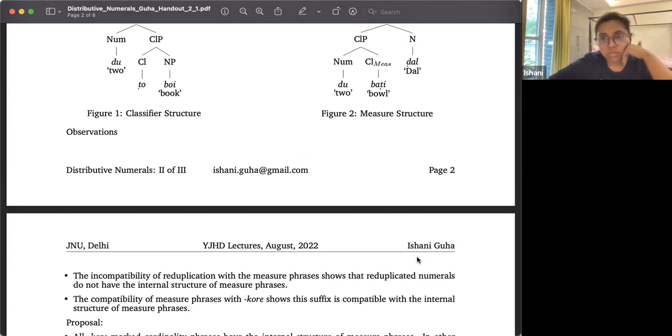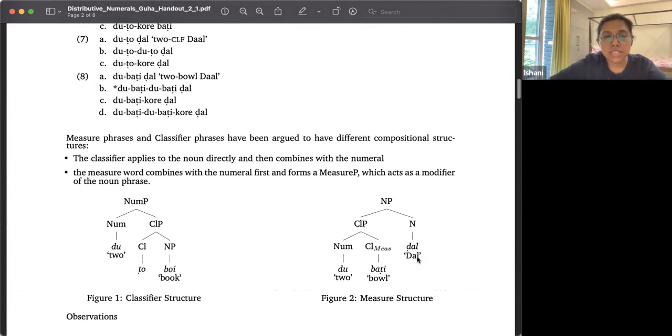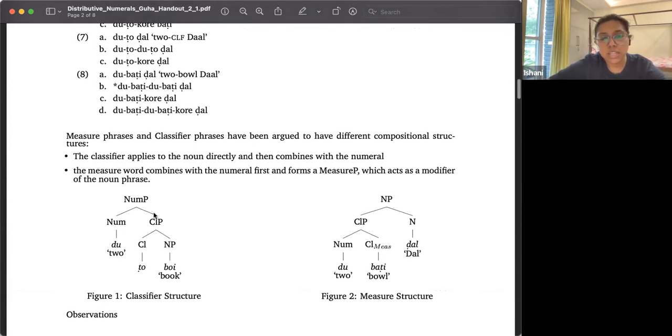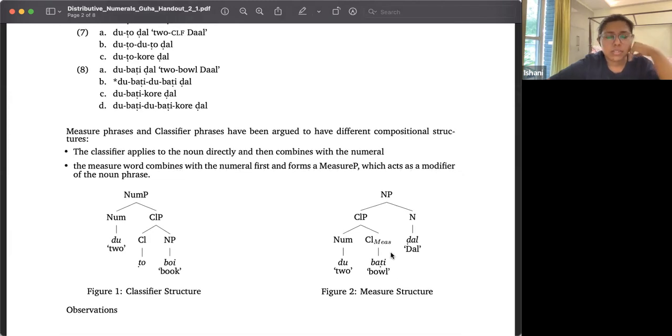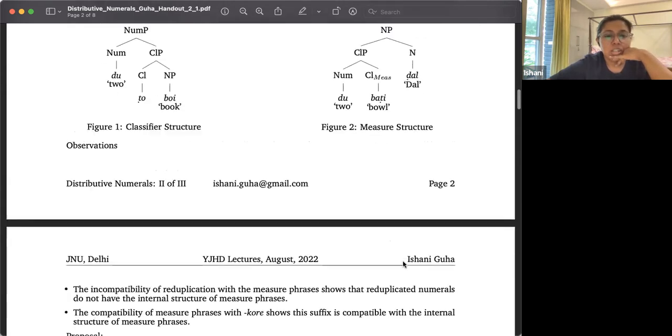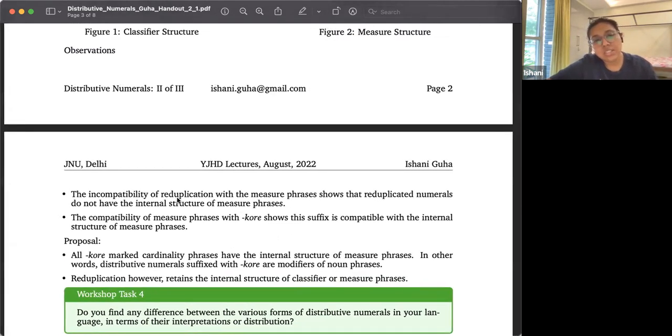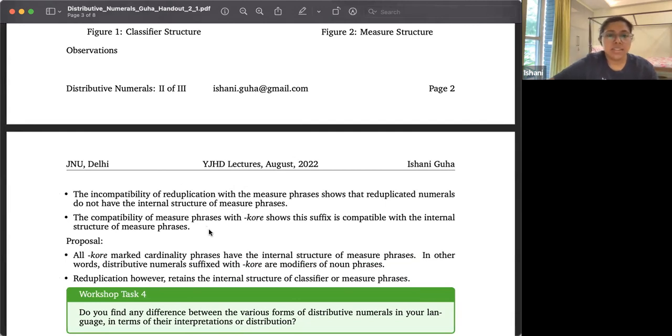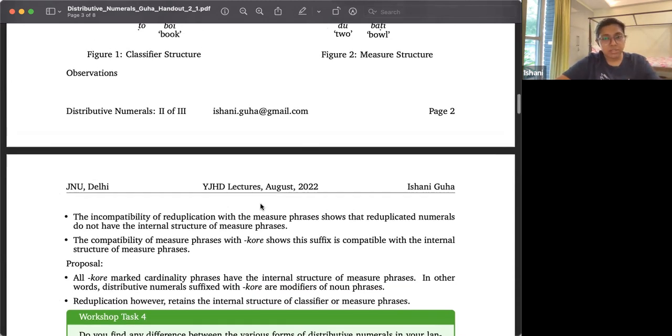We have seen that reduplication goes with the structure on the left, and measure phrases go with the structure on the right. Reduplication cannot go with the structure on the right, whereas "core" is compatible with both of these structures. So my proposal at present is that the incompatibility of reduplication with the measure phrases shows that reduplicative numerals do not have the internal structure of the measure phrases.